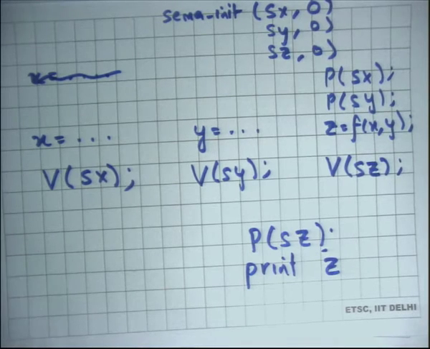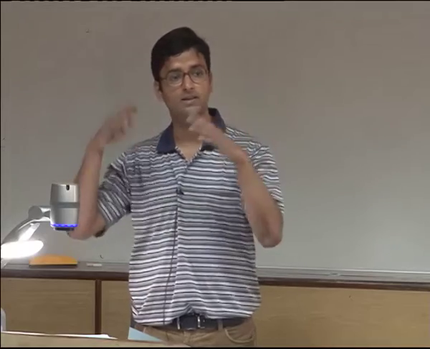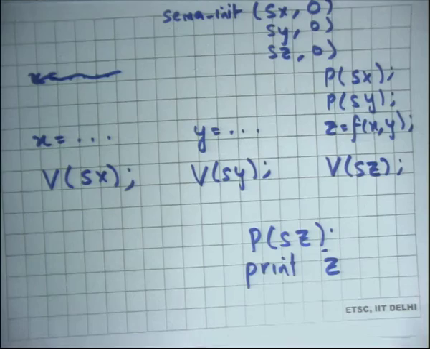So, if you initialize the semaphore to 0 and use it to represent whether something has been computed or some condition is true or not, you can use that to make sure that things are happening one after another in an ordered way, in a scheduled way. Okay, good.